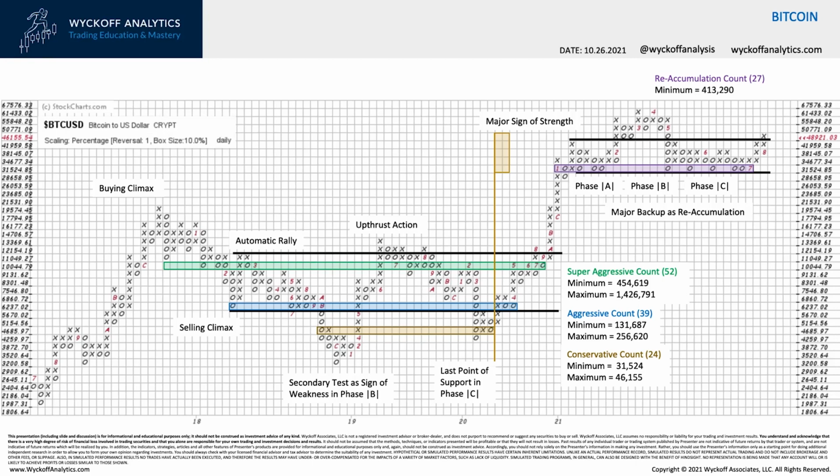Please note that the box size, each box represents 10% of move, which is just incredible because Bitcoin and cryptos in general are such big momentum movers. You have to use a big box size. And we have certain ways of calculating the percentage counts.